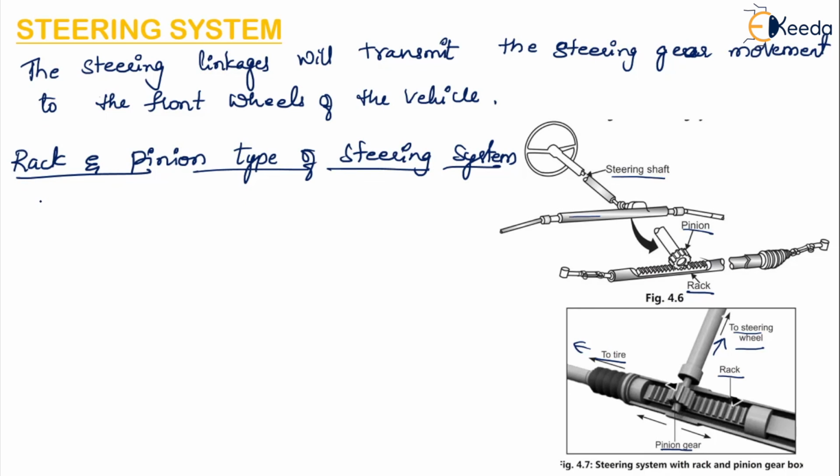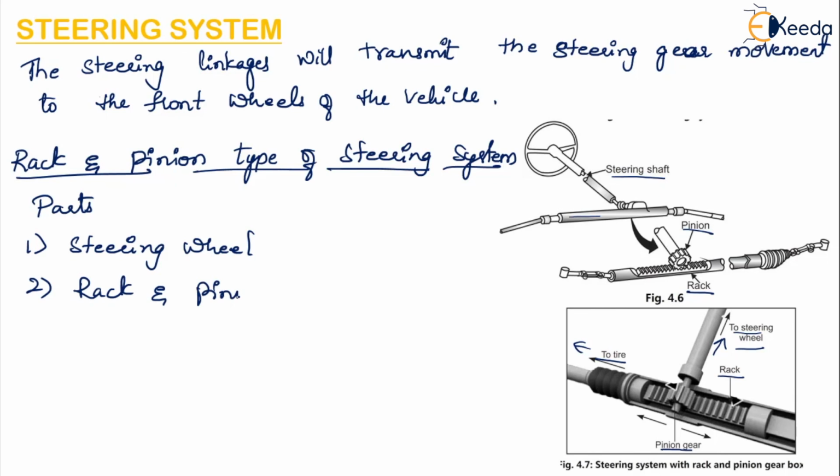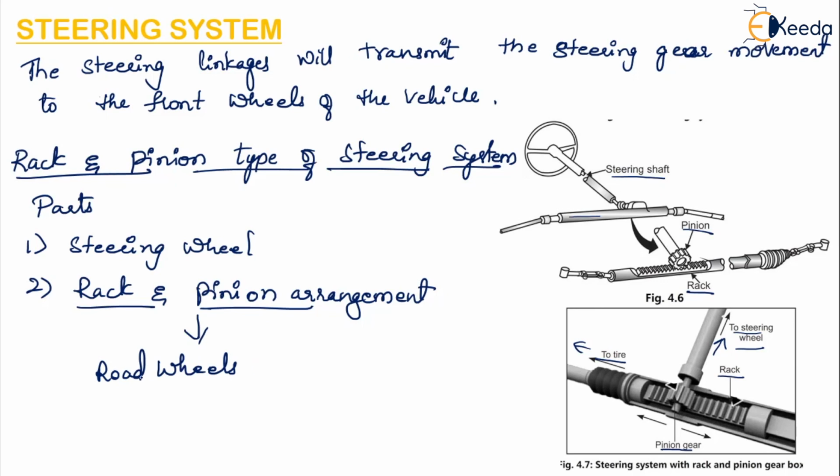It consists of a steering wheel, then a rack and pinion arrangement, whose motion is sent to the road wheels of the vehicle.